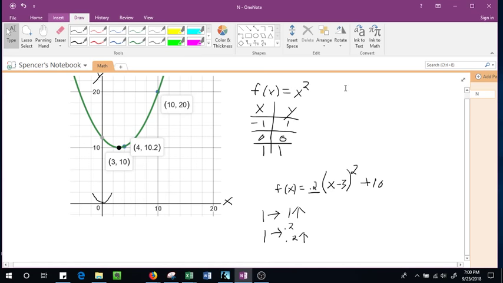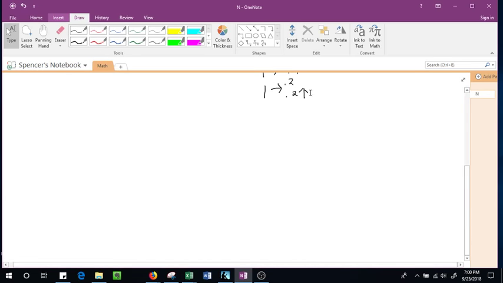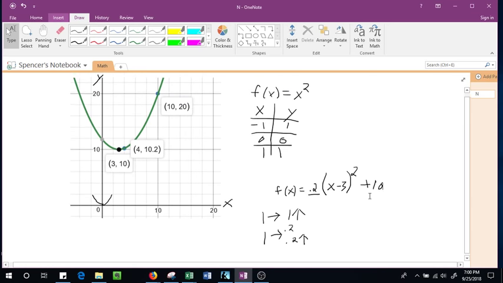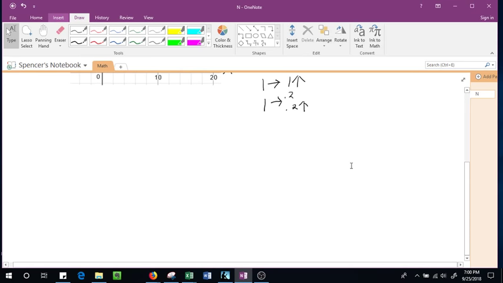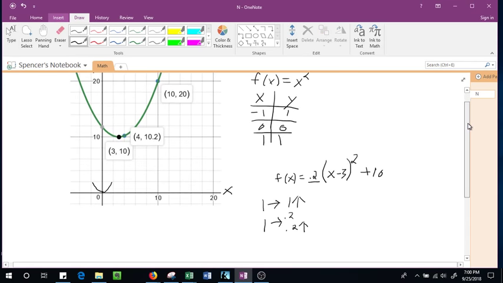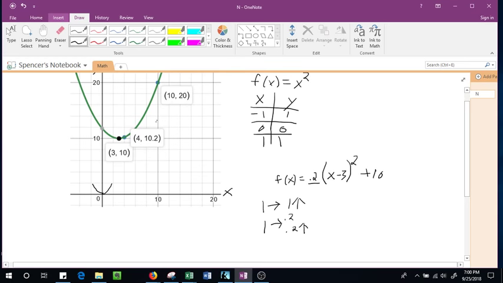Now, one of the things that we should remember is you're not always going to be given 1 over and 1 up. And that is important because a lot of you are thinking of this as just, oh, this is 0.2 and we're good to go. That is not actually academically what is happening. So let's try, from 3 to 10 is going to be 7 over. To go 7 over, we go from 10 to 20.